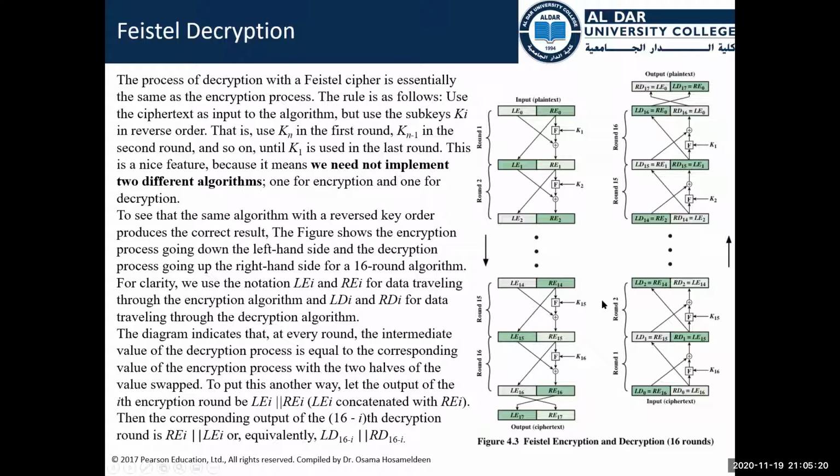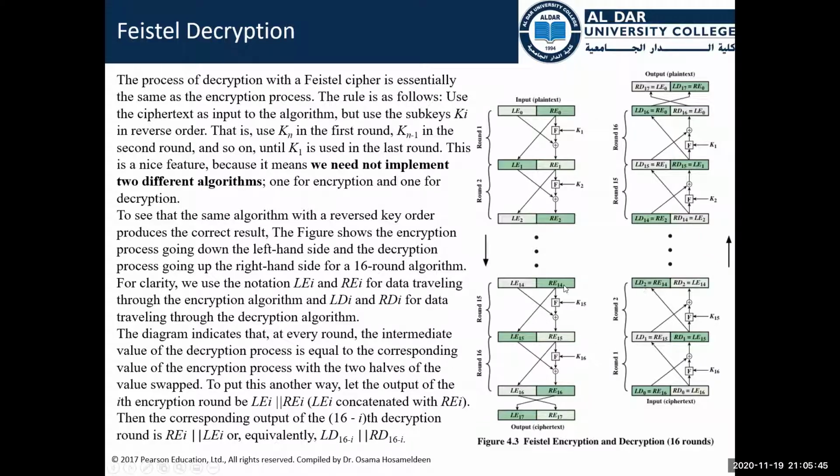I'm going to prove that for each level, we are going to get the same data output. For example, at this level, we have LE14 and RE14. We can prove that LE14 is exactly RD2 and RE14 is exactly LD1, LD2.